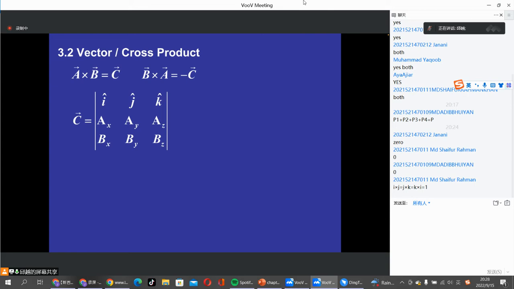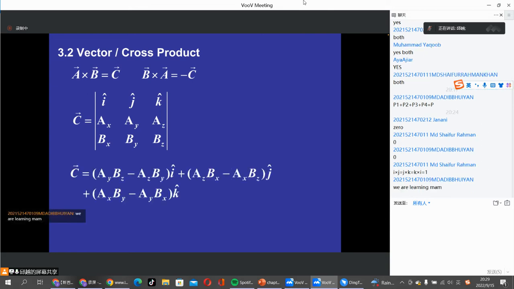So we use this equation to calculate the cross product. Okay, you are learning. So this equation is a little bit more difficult than the previous one.